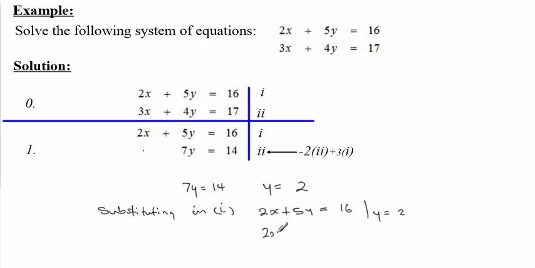That would be 2x plus 5 times 2 equals 16, which gives us 2x plus 10 equals 16. Then subtracting 10 on both sides, you will see that you get 2x equals 6, which leads us to saying therefore x equals 3, by dividing both sides by 2.